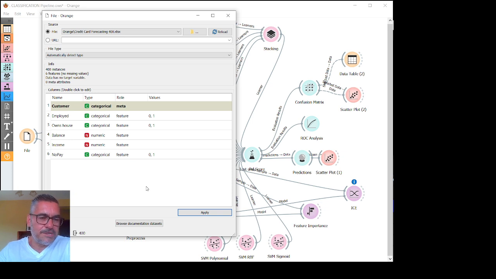So whenever we see 1, it means that we have a no pay condition, some bad customer, and when we see 0, it is a good customer for the bank.